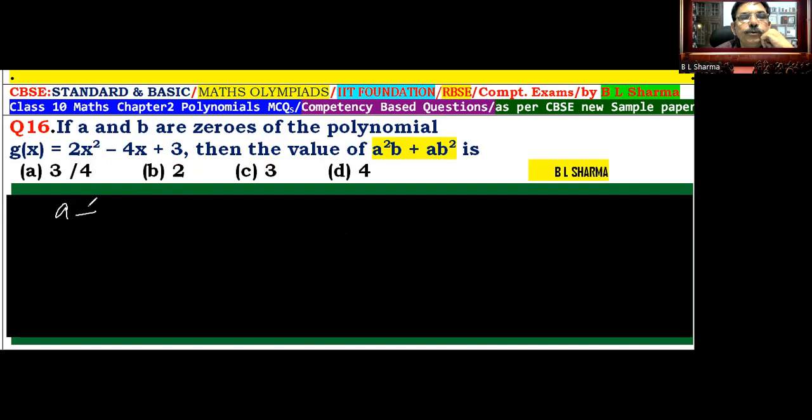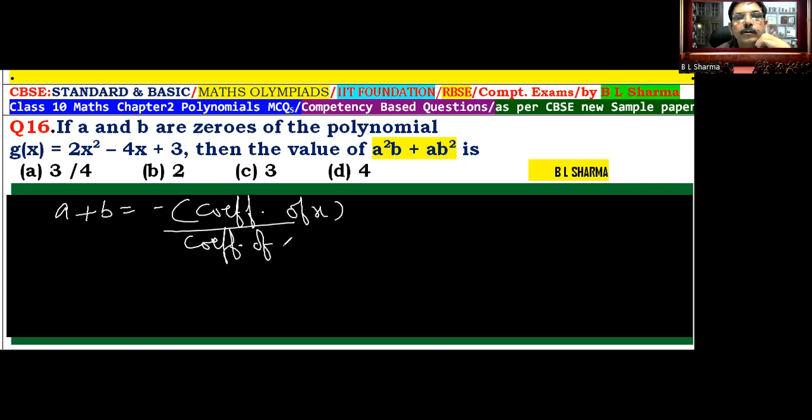So sum of zeros, a plus b, is given by negative of coefficient of x upon coefficient of x square.